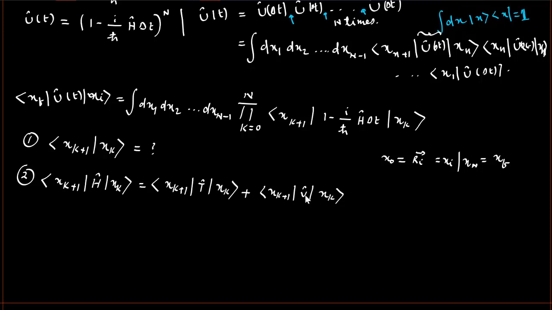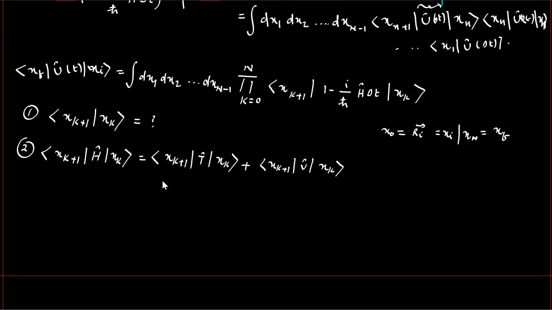But here this potential is a function of positions only, so let's not worry about that. And this kinetic energy is a function of momentum. Okay, so to solve this thing, let me just first introduce one more thing.